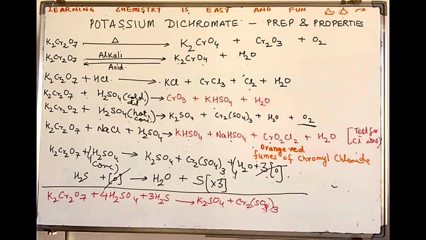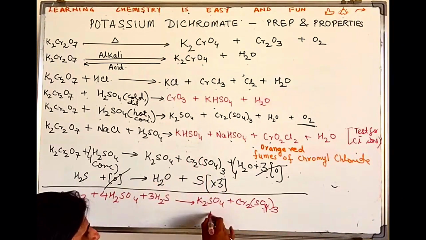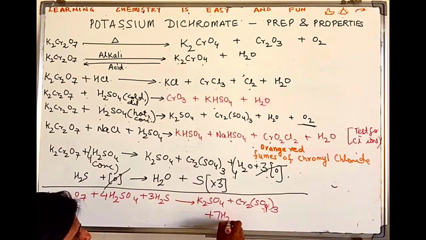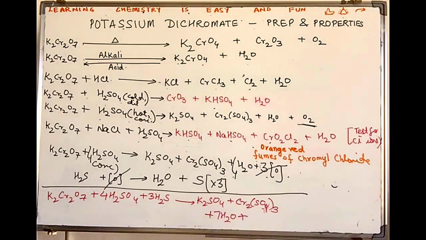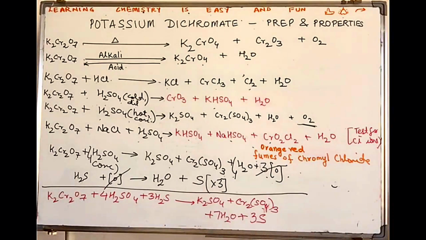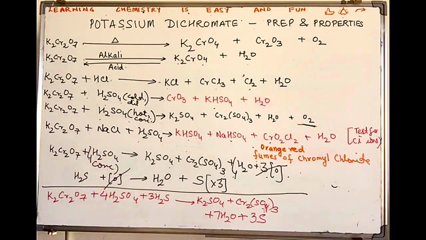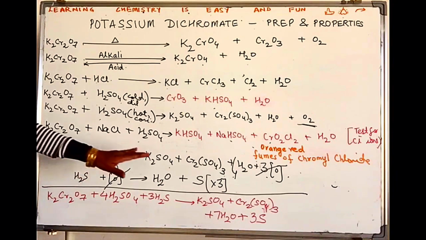And how many of water? 4 water here, 3 water here. I have 7H2O. And what else? There is 3 of sulfur. Right? So this we have as the final equation for the oxidation of H2S to sulfur.